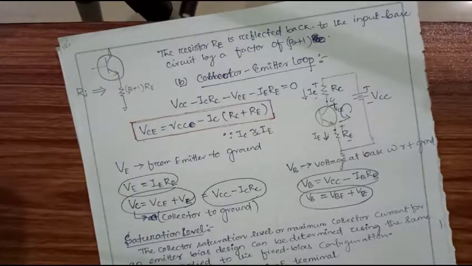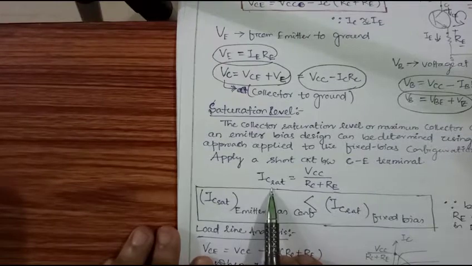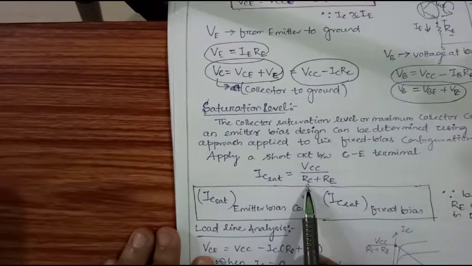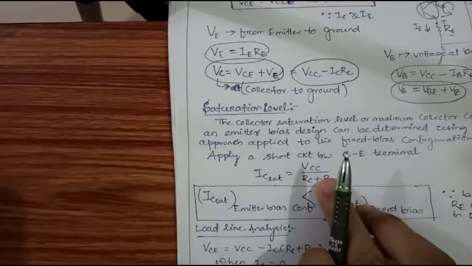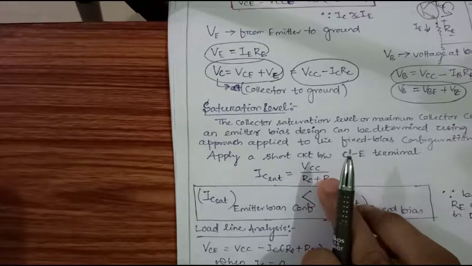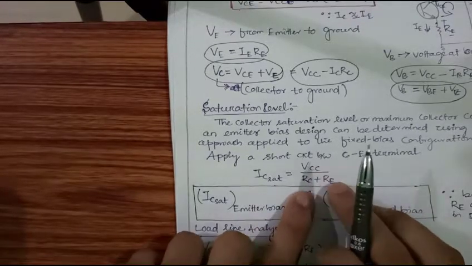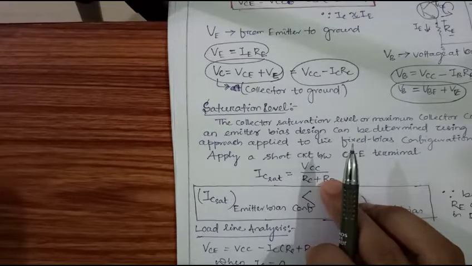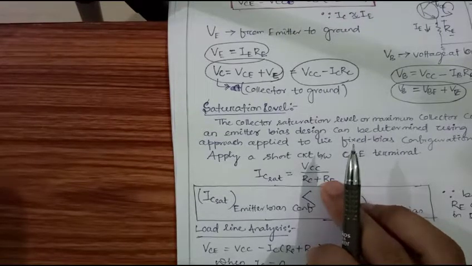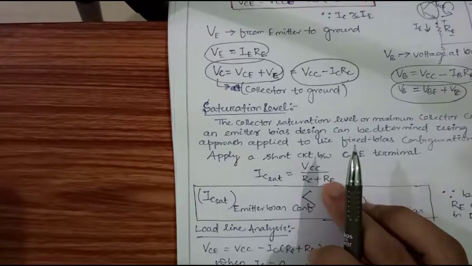So here also, similar to the previous one, IC sat is nothing but VCC upon RC plus RE. In the previous case, it was only VCC upon RC, because there was no RE. As RE came into the picture, being the emitter resistor, we add that RE, so it becomes VCC upon RC plus RE.